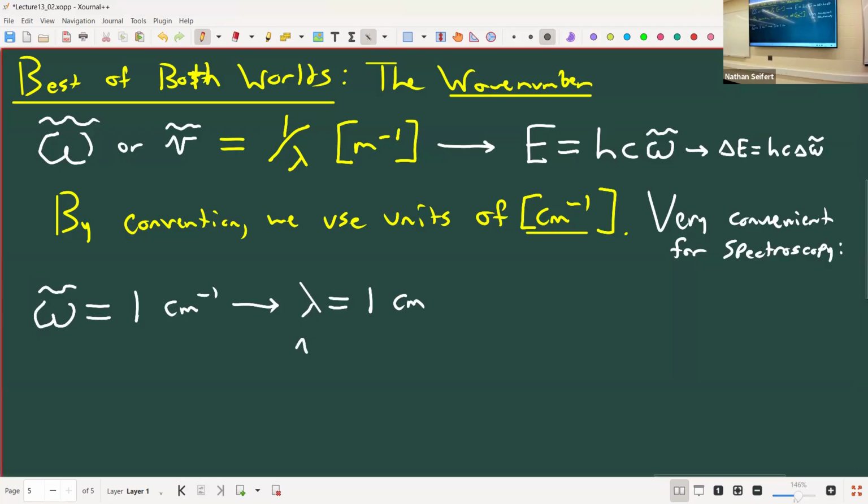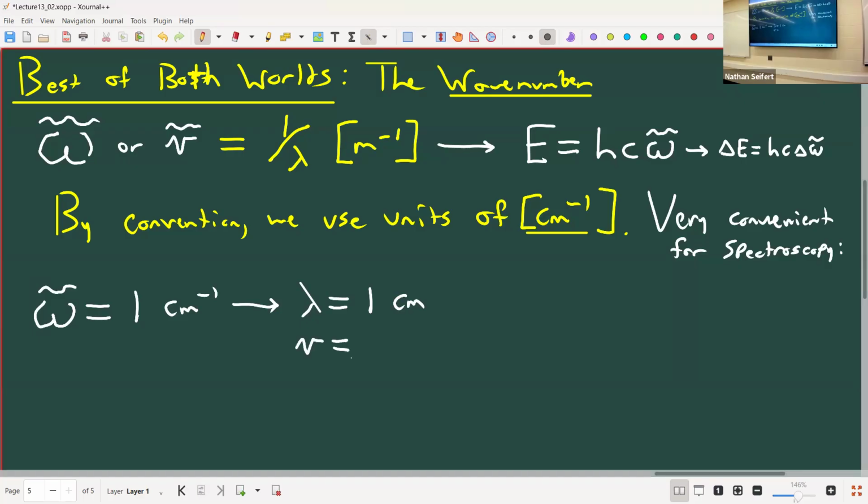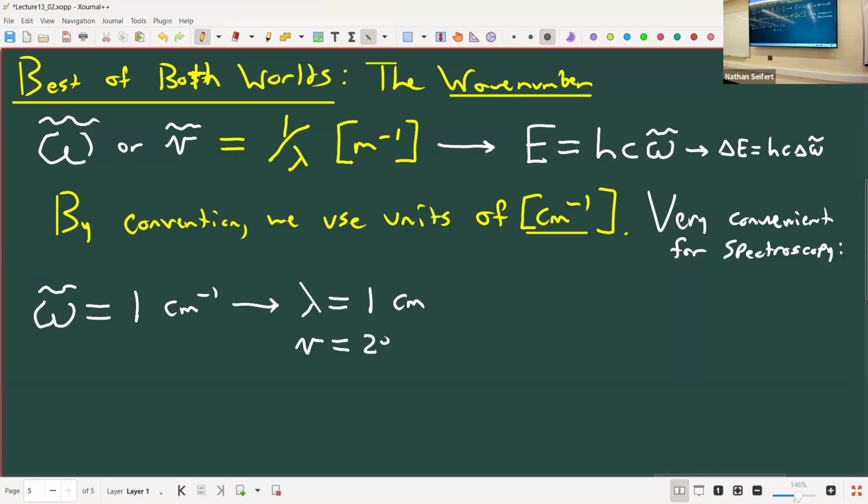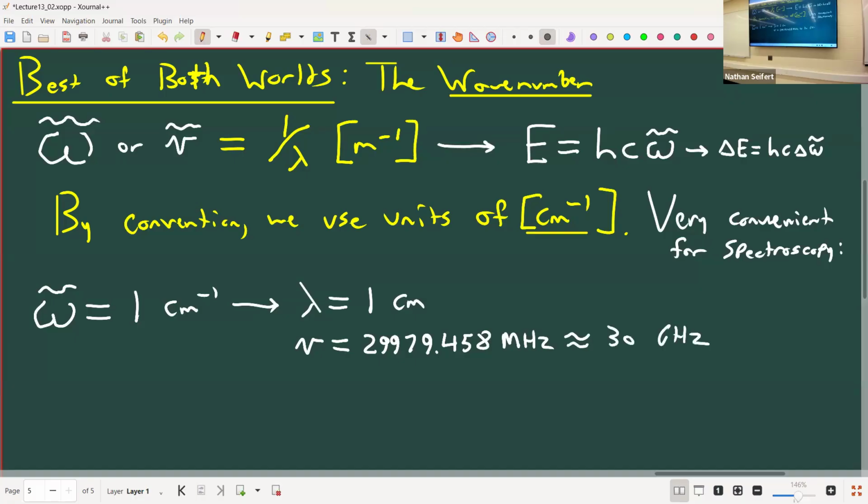And you can convert this quickly to frequency. It's not too hard. It's 29979.458 megahertz, which we often just round to, when we're lazy, 30 gigahertz. So a unity wave number puts us kind of at the end of our hertz measurements.